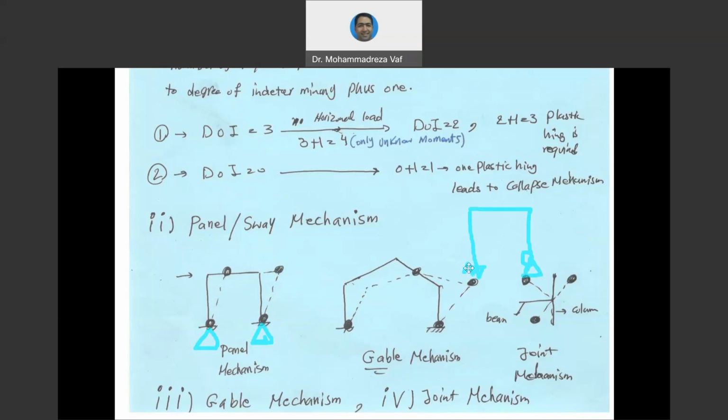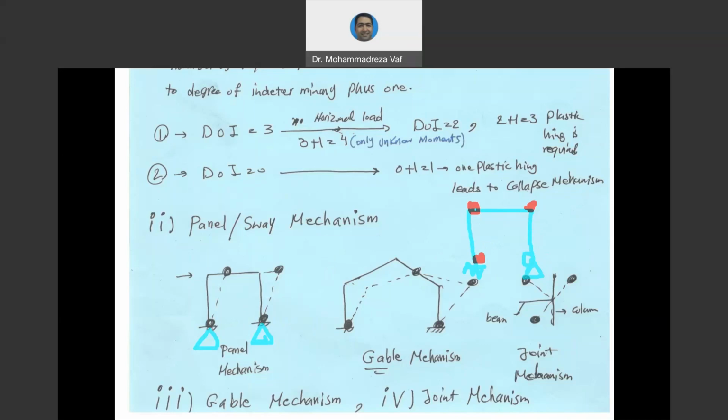But if they are fixed, you need to reach 4 plastic hinges, then your structure is going to collapse. Or even if you have a frame where one side is pinned, one side is fixed, in order to make this collapse, you need to have 1 plastic hinge here, 1 plastic hinge here, and 1 plastic hinge here, because this one is already hinged. So 3 plastic hinges plus 1 hinge is totally 4 hinges. So depending on the support condition, but in general, doesn't matter what the condition of your support is, you need to have 4 hinges.